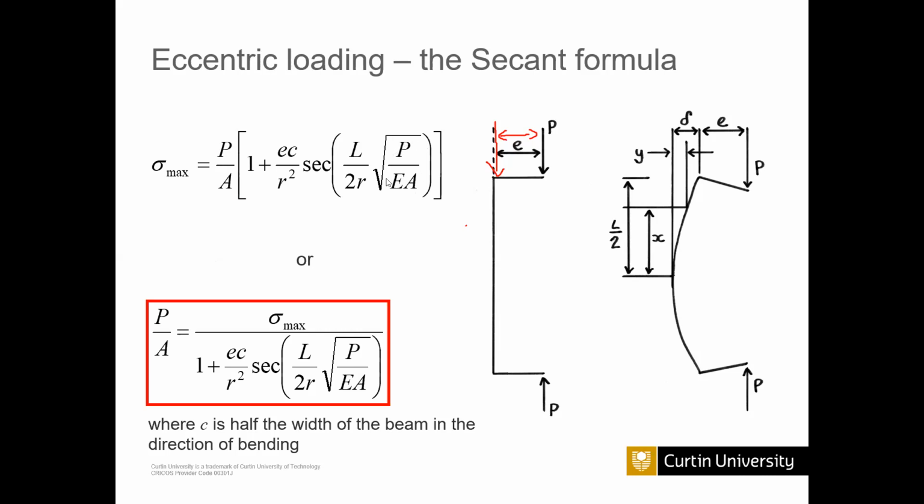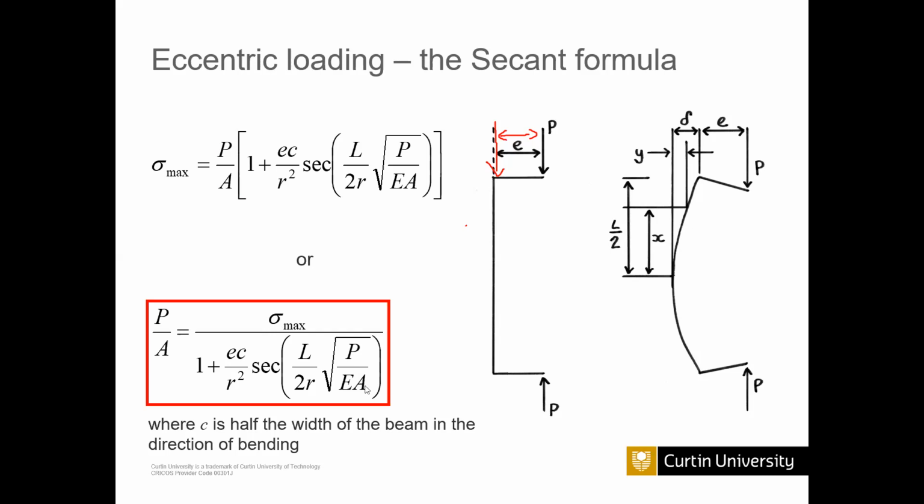This is a square root of P over A, but this is the very important thing with this equation. With this equation you can easily get it. The P over A ratio, that is the stress, you will calculate with this sigma maximum divided by this term.